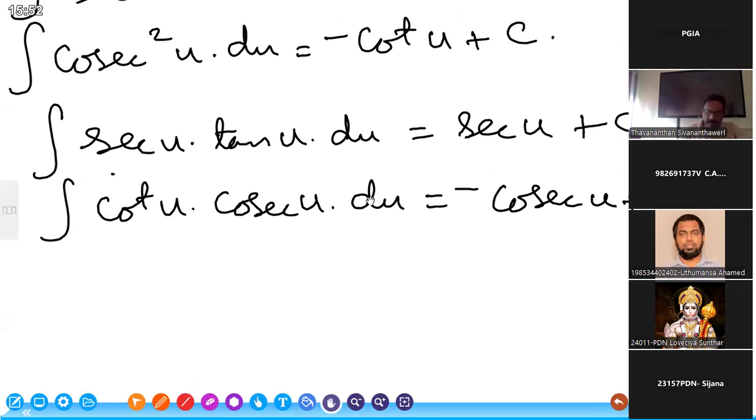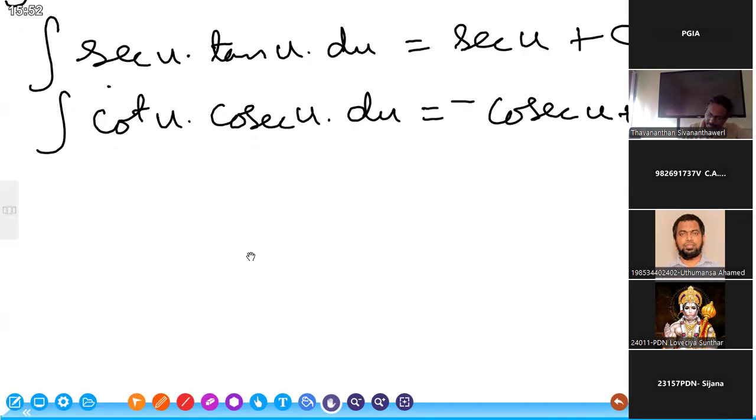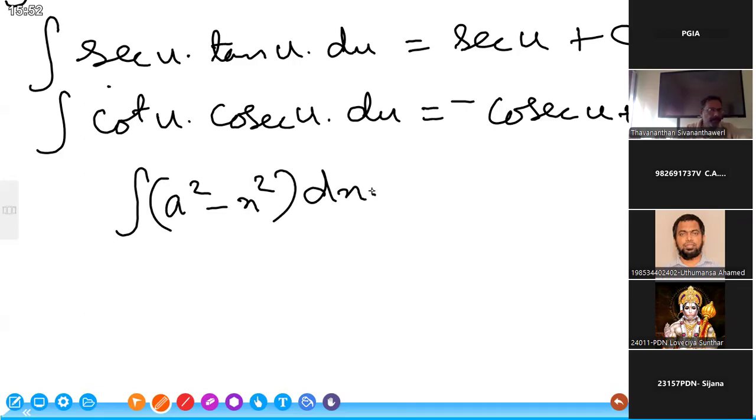Right. Try this one. Integration of a square minus x square dx. This is the same as integration of a square dx minus integration of x square dx. So here a is a constant. Anyone?